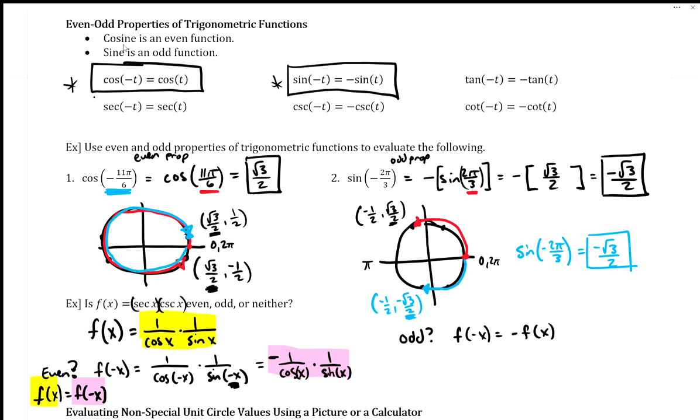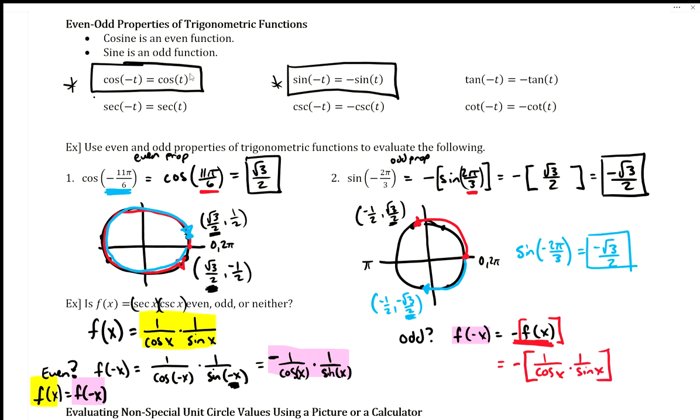Let's make sure we can still work with these functions. It's odd if f of negative x equals negative f of x. I already have this, so let's keep it color coded. It's that same pink statement. Negative f of x, let's put that in red. That negative is just saying put a negative in front of your whole f of x. Our f of x, highlighted in yellow, is 1 over cosine of x times 1 over sine of x.